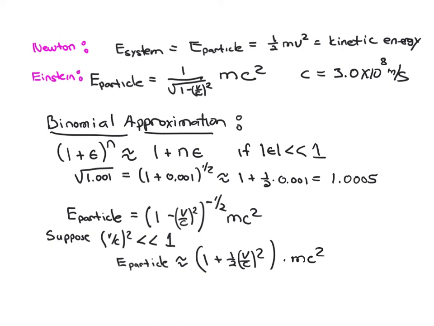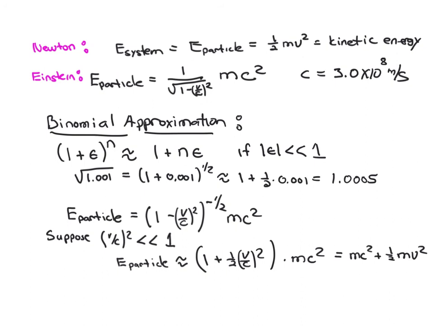And you can just rewrite this as mc squared plus 1/2 mv squared. Aha! Well, 1/2 mv squared that arises when we make this approximation, of course, exactly matches the expression that Newton had for the energy of the particle.